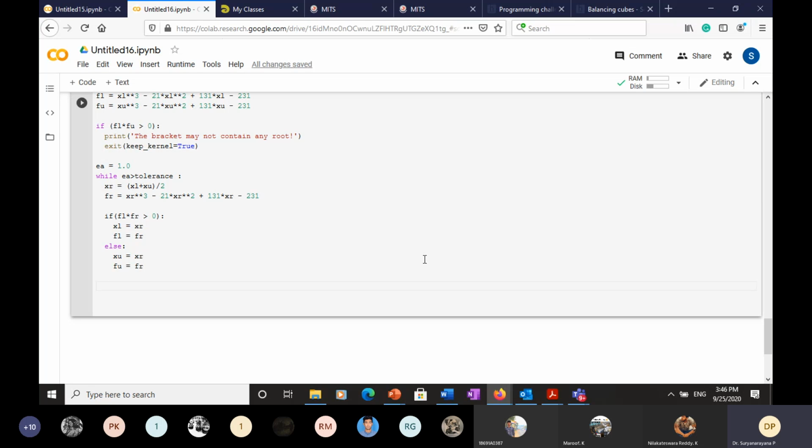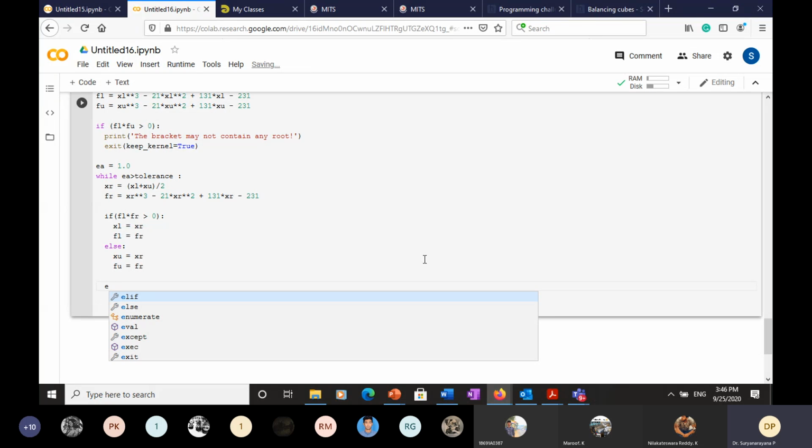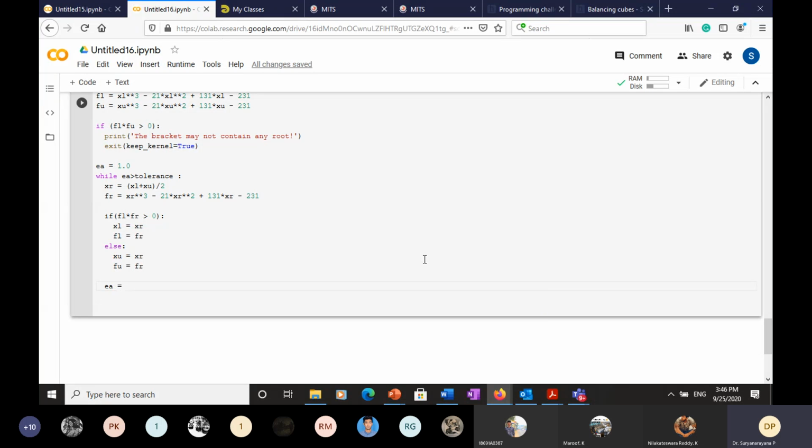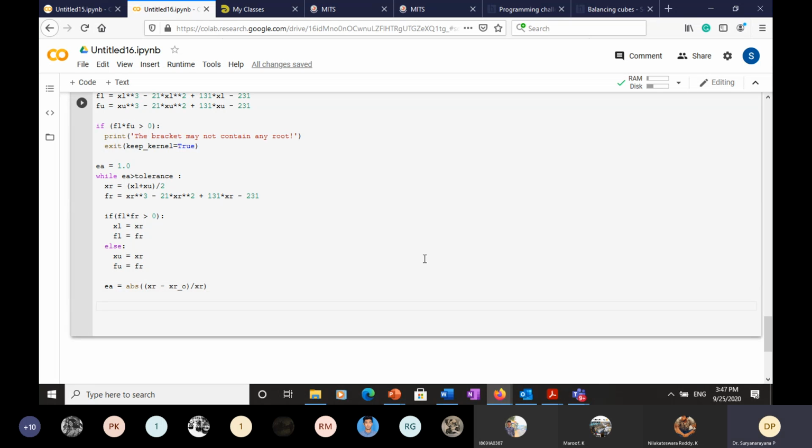Okay, so that is the bisection method. I have to update the error value. For updating the error value, I'll say EA equals, the thing I told you, the absolute of XR minus XR old, divided by XR. That we do, and that's it. This will solve the equation.